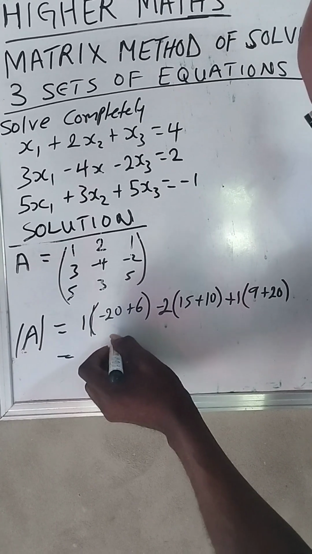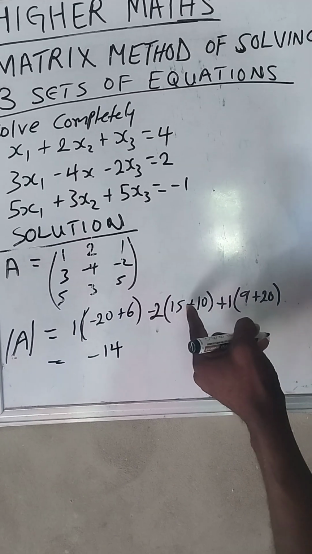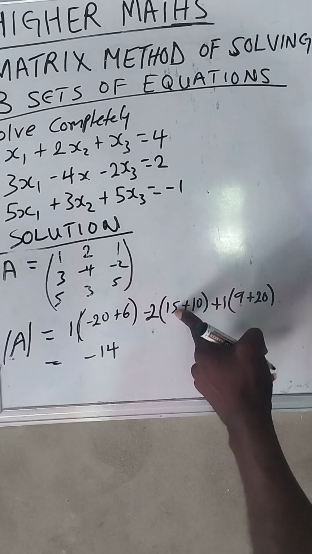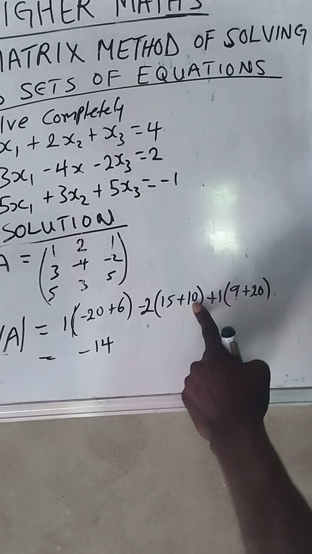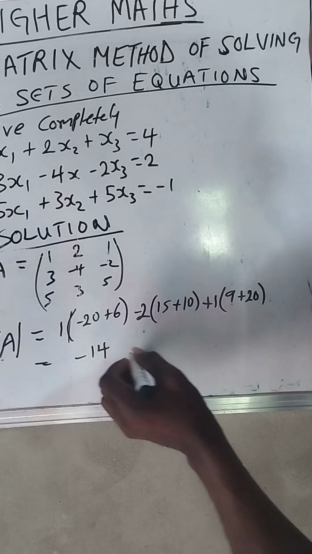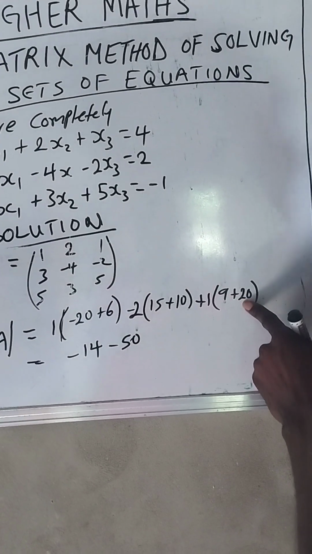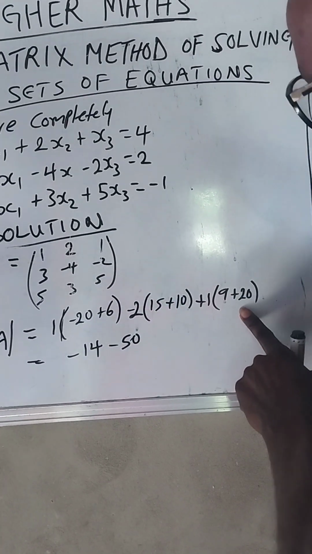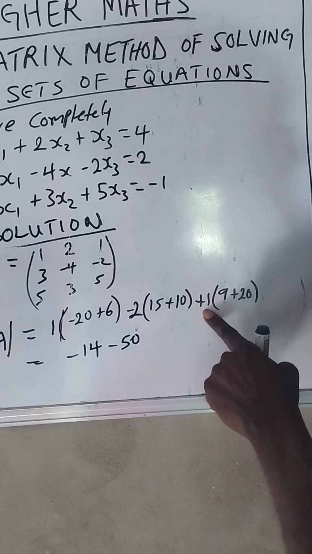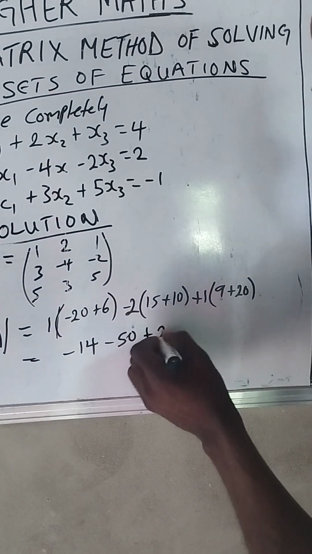Minus 14 times 1 is minus 14. Then 15 plus 10 is 25. 25 times minus 2 is minus 50. 9 plus 20 is 29. 29 times 1 is 29.